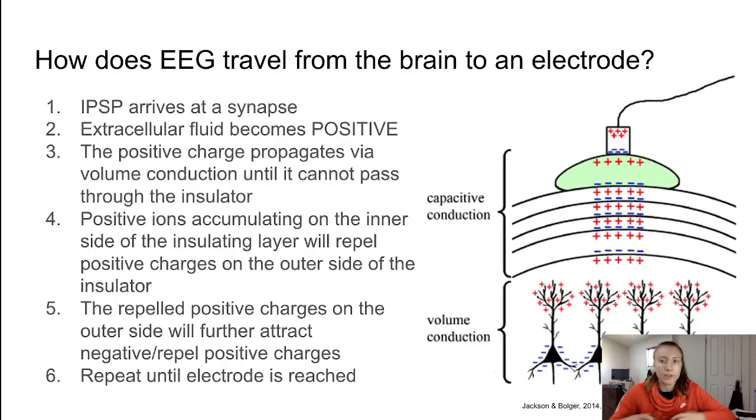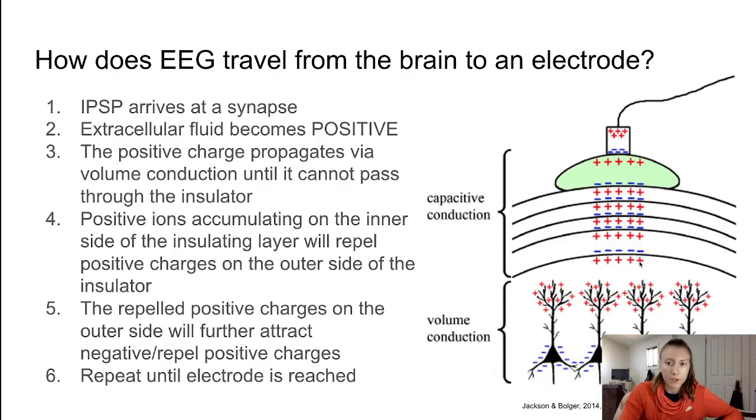So let's have a look at the sequence of events here. Firstly, let's say an IPSP has arrived at a synapse. Because that's an IPSP and chloride has gone into the cell, for example, the extracellular fluid is now more positive. That positive charge propagates via volume conduction, so it'll flow upwards until it gets stopped. What happens here is that because we have positive charges building up on this side of the insulator, we know that opposites attract.